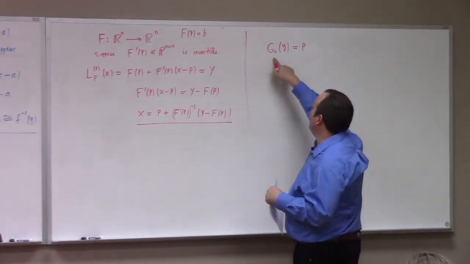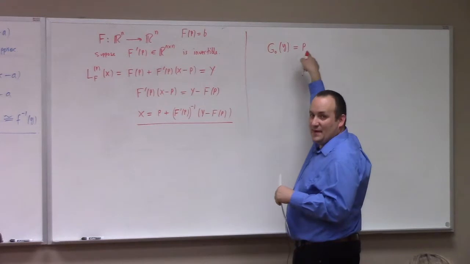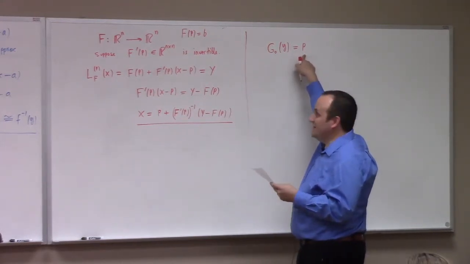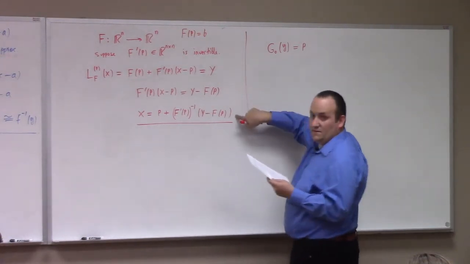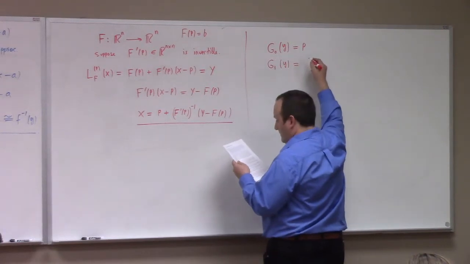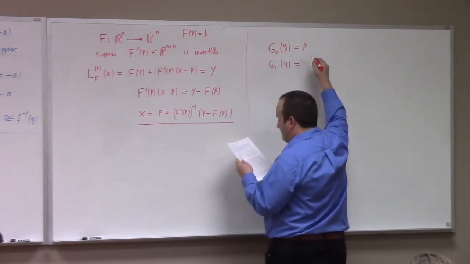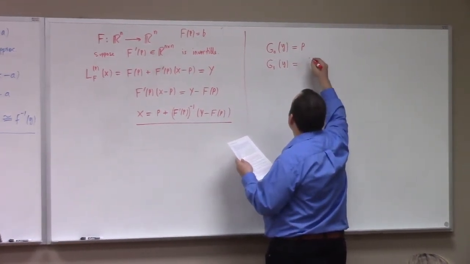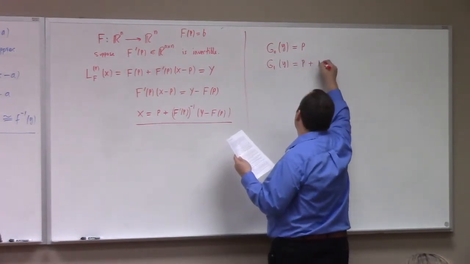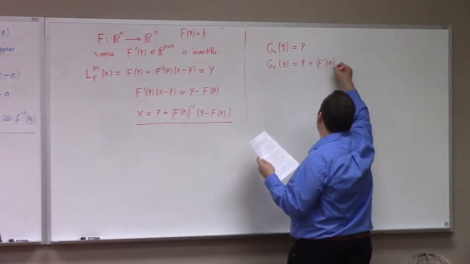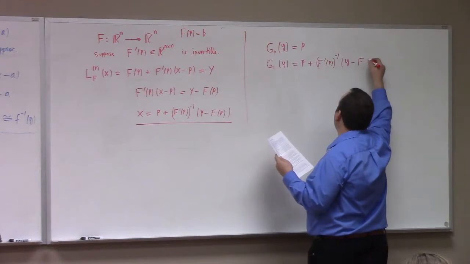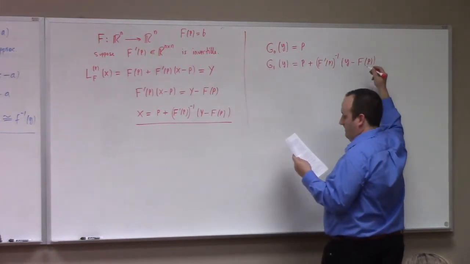It's just the function where whatever you put y into, it gives me back p. This is the 0th and most stupid approximation to the inverse. The first approximation I've got down here: G1 of y would be, just what I wrote here, p plus f prime of p inverse times y minus f of p, right?